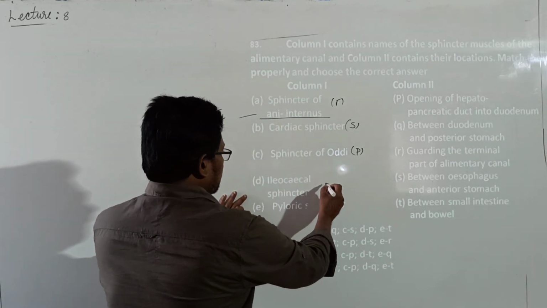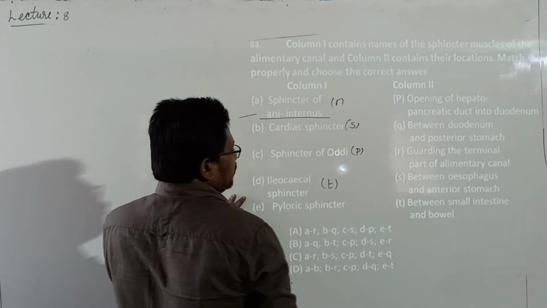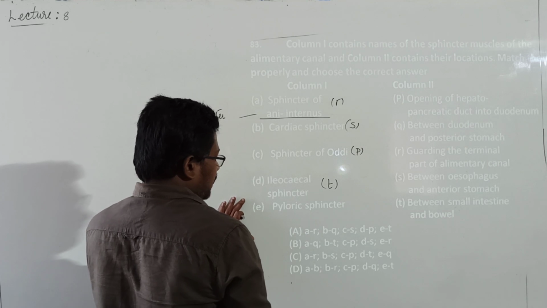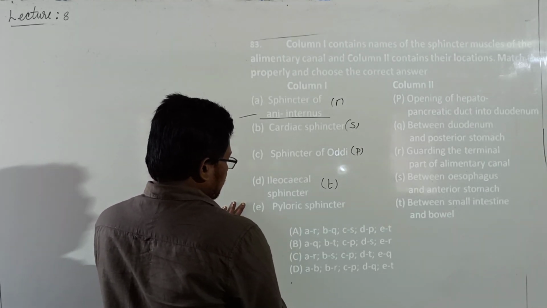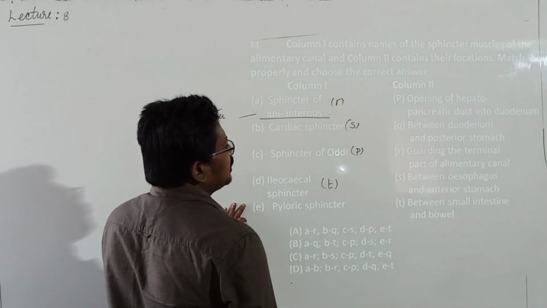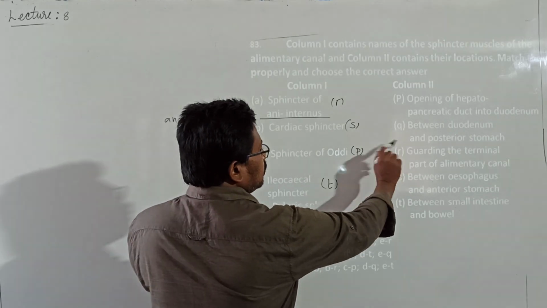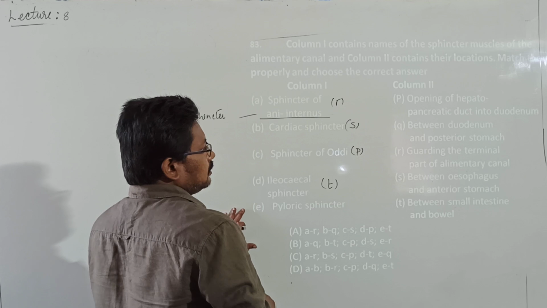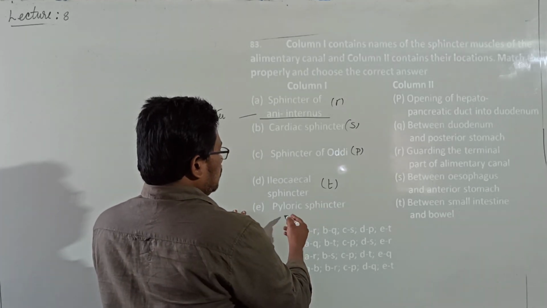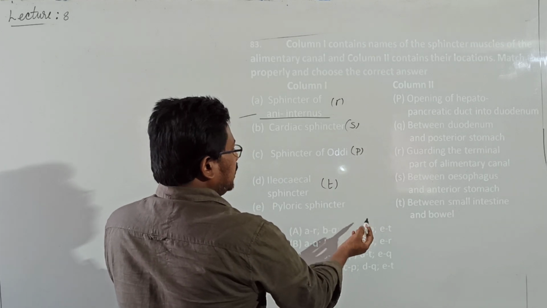So it is T. Then the pyloric sphincter is between the duodenum and the posterior stomach.